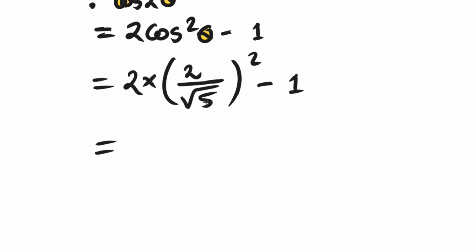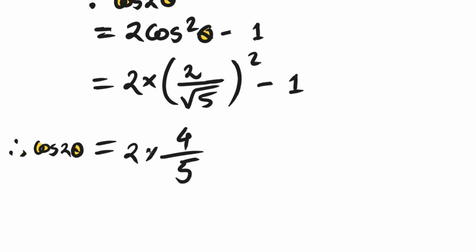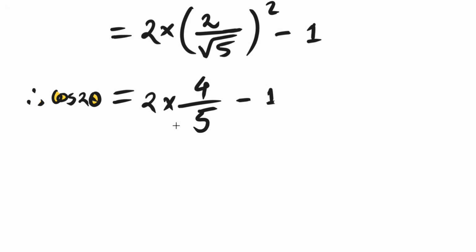Squaring 2 divided by the square root of 5 gives 4 divided by 5, because 2 squared is 4, and the square root of 5 squared is 5. Therefore, cosine 2 theta equals 2, multiplied by 4 divided by 5, minus 1. Multiplying 2 by 4 divided by 5 gives 8 divided by 5.